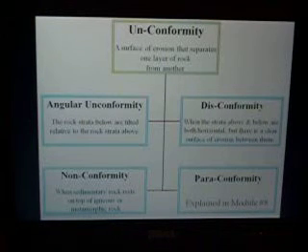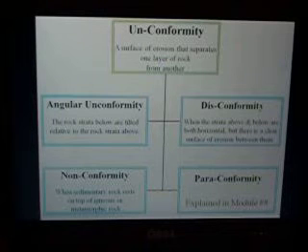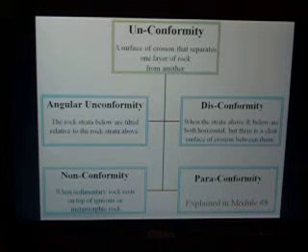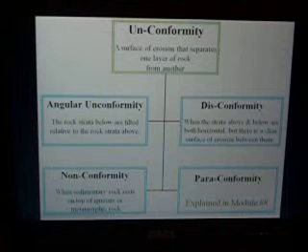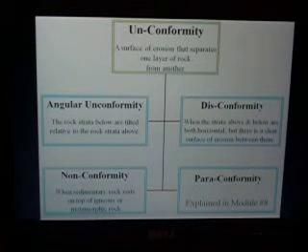Remember a few modules back we looked at this particular graphic that reminds us that an unconformity is a surface of erosion that separates one layer of rock from another. So if you had 2 layers of rock and in between them was this obvious erosion that had occurred, then that would be an unconformity.